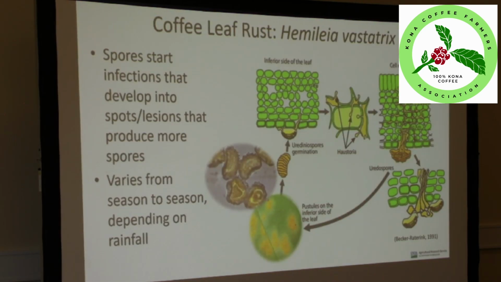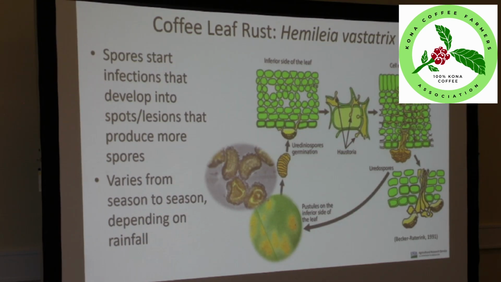Just to remind everybody, I know you've heard this a million times, but the disease coffee leaf rust, the pathogen Hemileia vastatrix: essentially, spores start infections that develop into spots to produce more spores. It's critical to have an understanding of this pathogen. The spores will land, germinate, and enter on the underside of the leaf.